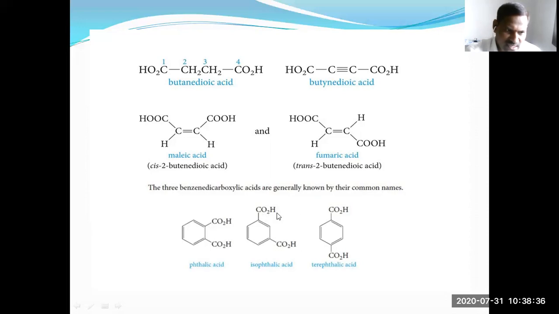Two carboxylic acids attached with benzene at 1,3 positions are meta positions. The name of this dicarboxylic acid is isophthalic acid. Two COOH groups attached at 1,4 positions, that dicarboxylic acid is terephthalic acid.